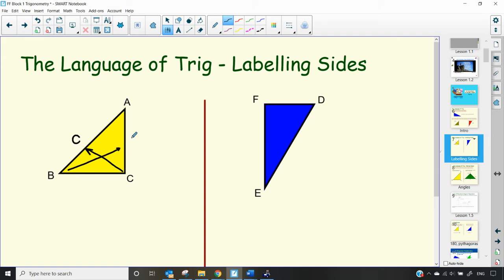Side b is across from angle B, and side a is across from angle A. If I wanted to label this triangle here, side f is opposite angle F. Side e is opposite angle E, and side d is opposite angle D.